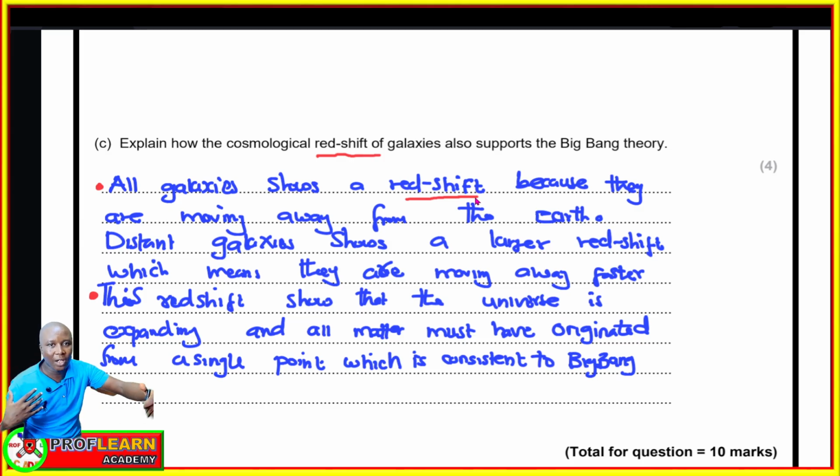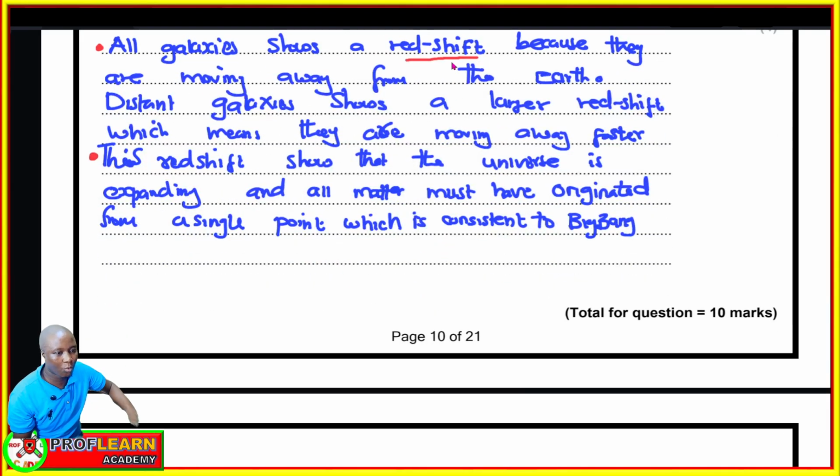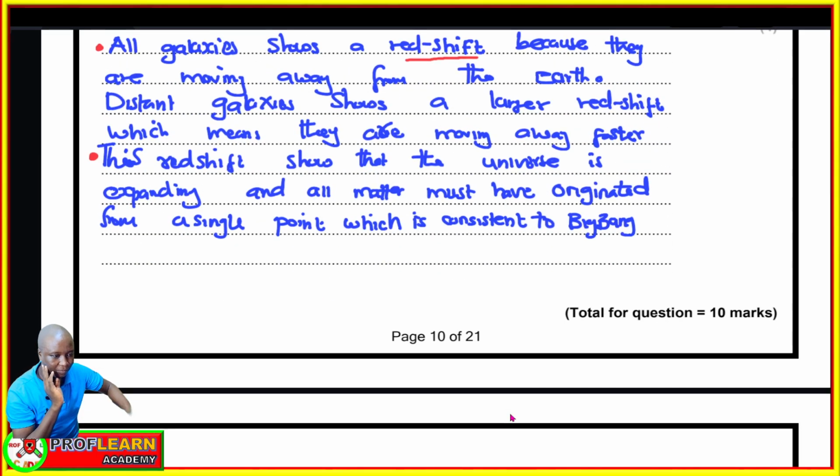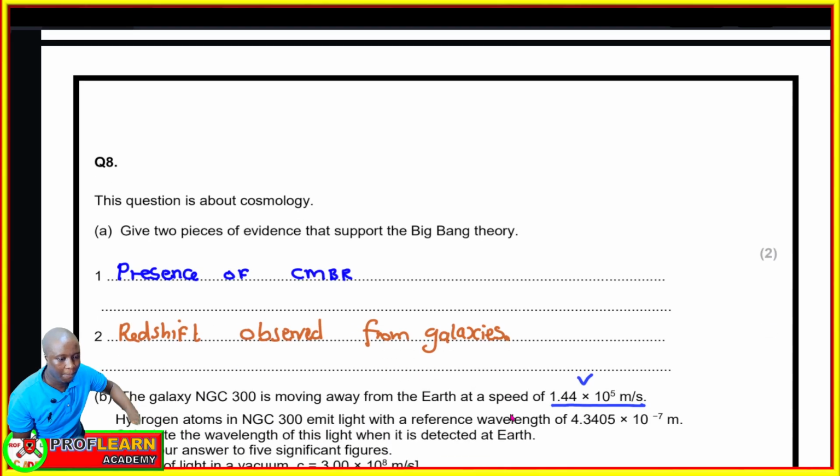And this moving away of all parts of the universe is because the universe is expanding, which is actually a claim of Big Bang. So that is exactly what you are supposed to write in this particular section for you to earn those 4 marks. And something also you need to understand is that distant galaxies, those galaxies which are very far, have a larger redshift, so meaning they're moving away faster.